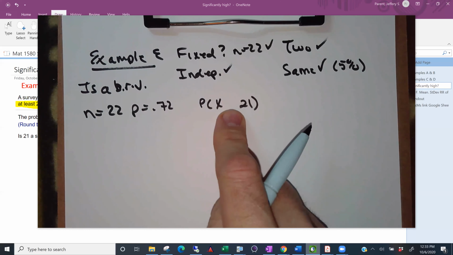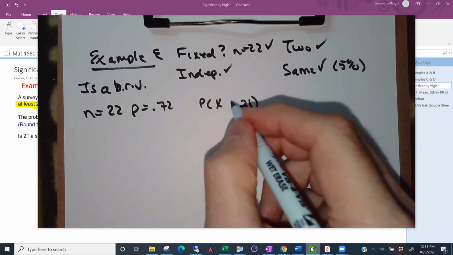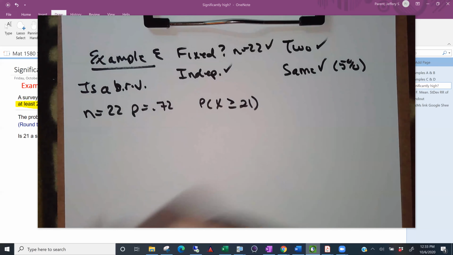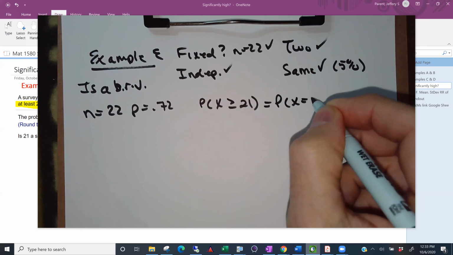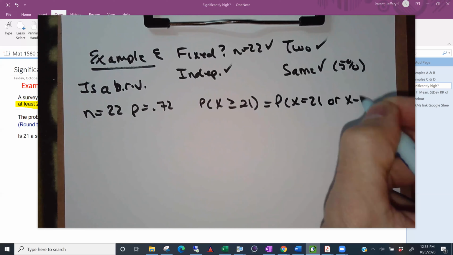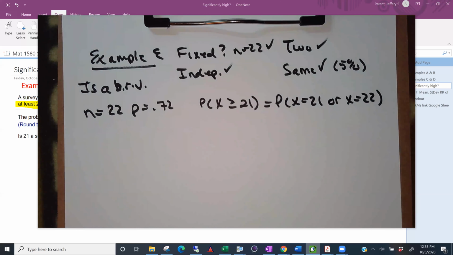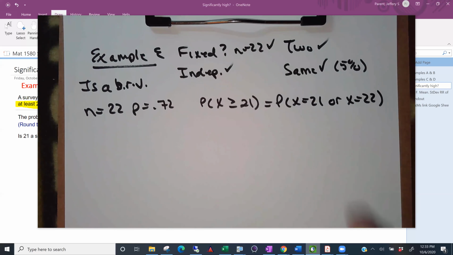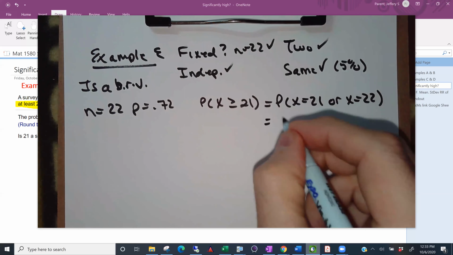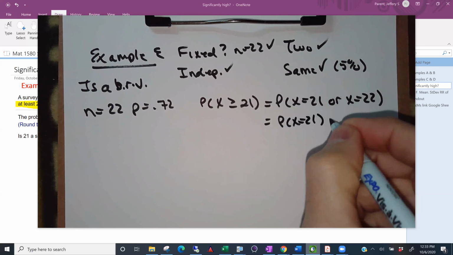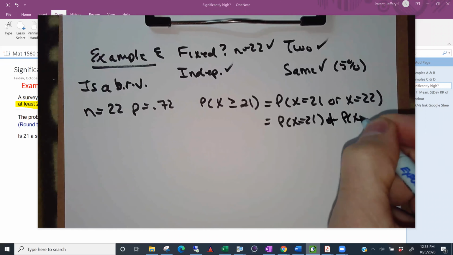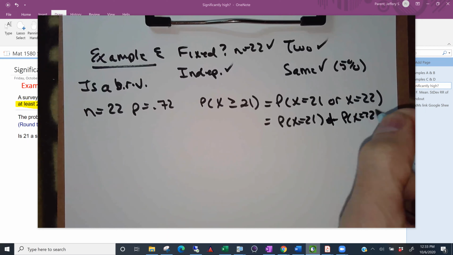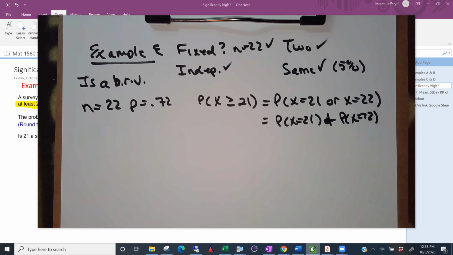Actually, no. Greater than or equal to 21. At least 21. Good. So at least 21 means greater than or equal to. Good job, Joe. So that means X equals 21 or X equals 22. And because these are mutually exclusive, I can just add those up individually. And I mean a plus there, plus X equals 22. My handwriting's getting worse as the lecture goes on.